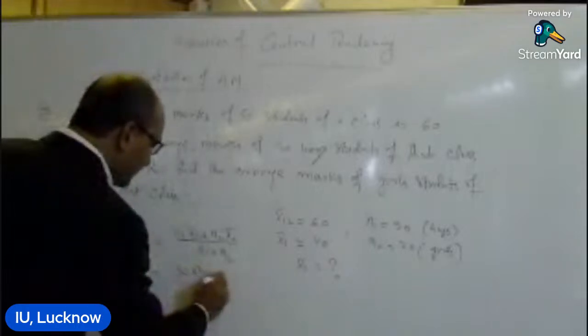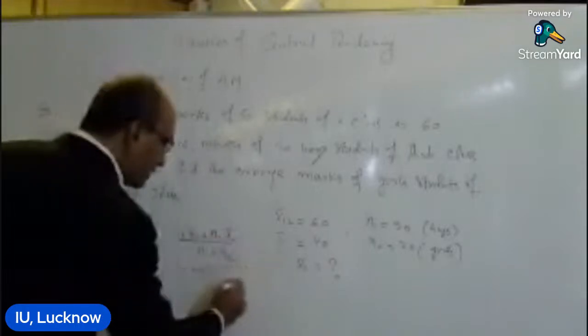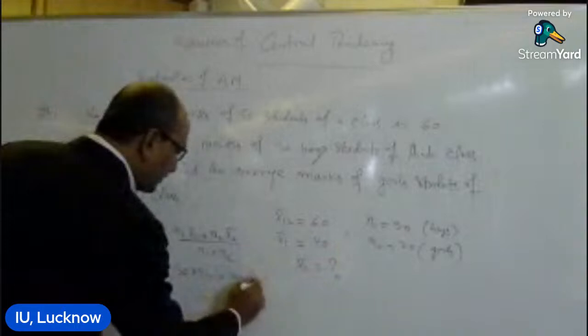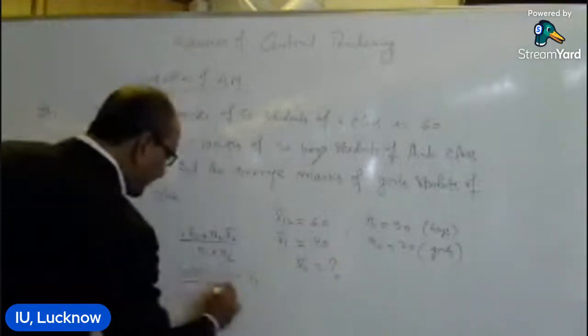Here n2 is girls students, this is 20, and we have to find x2 bar, and this is 50.